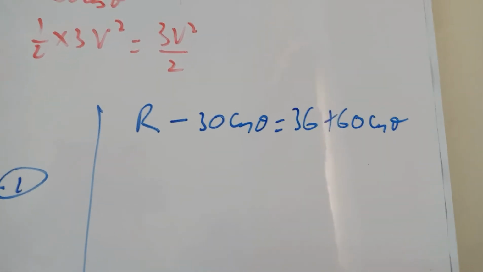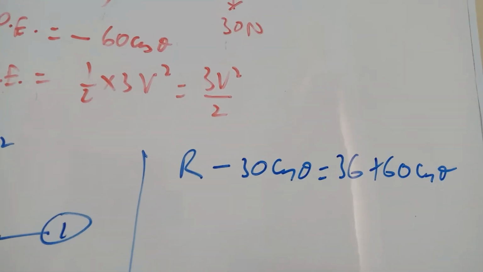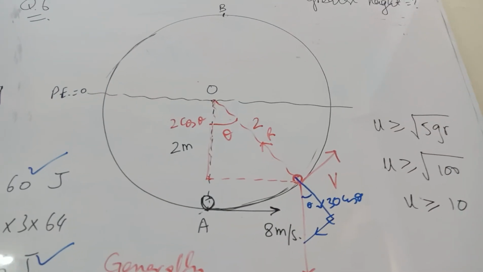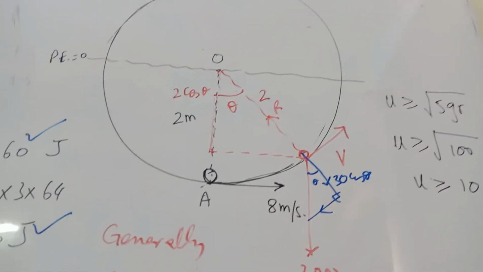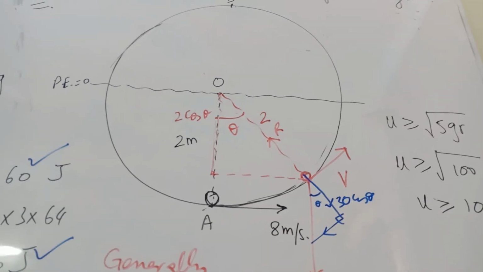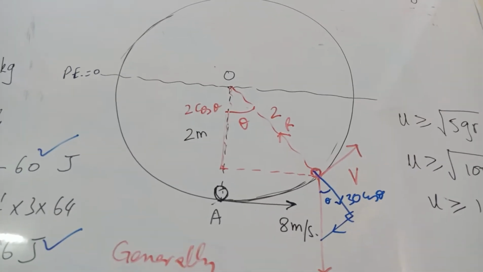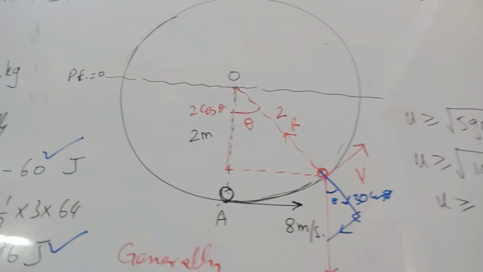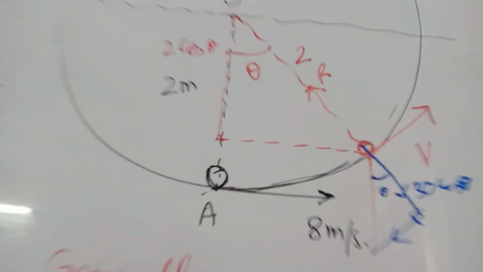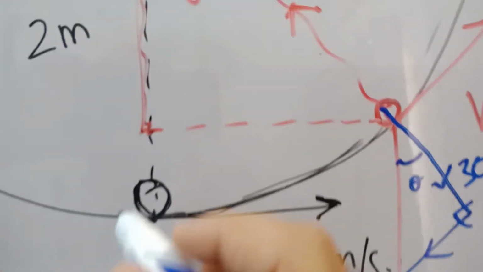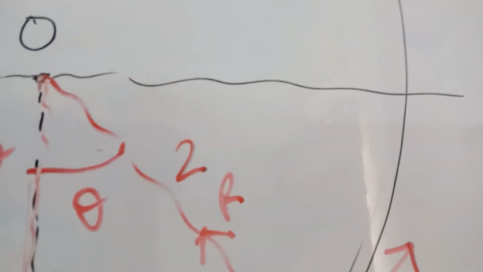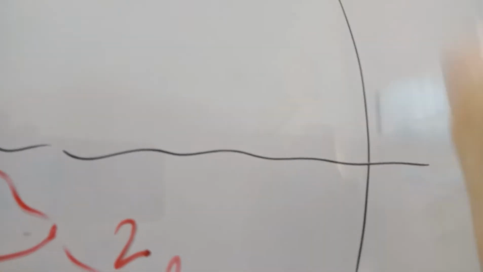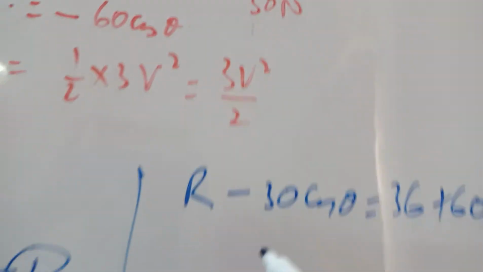Okay. Now while moving on this circular track, when it loses contact, what will happen to the value of r? Suppose it is moving over here on this circular track; when it loses contact with the surface, then you have to put r equal to 0.